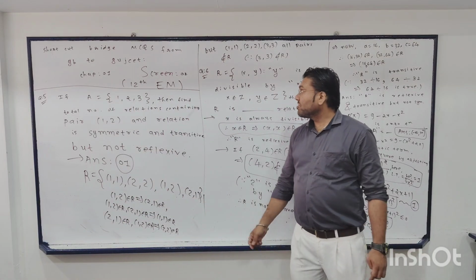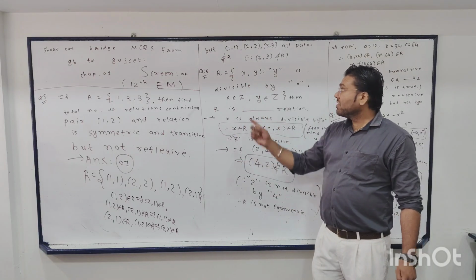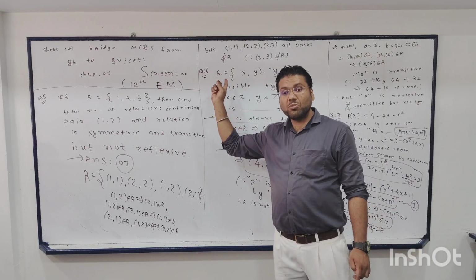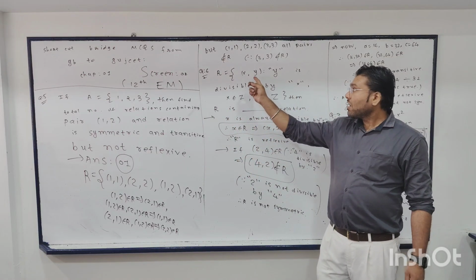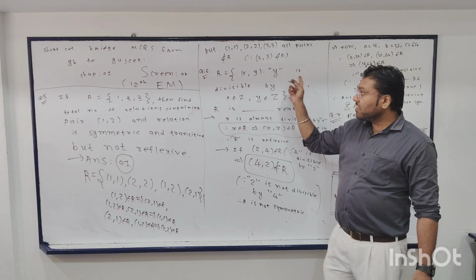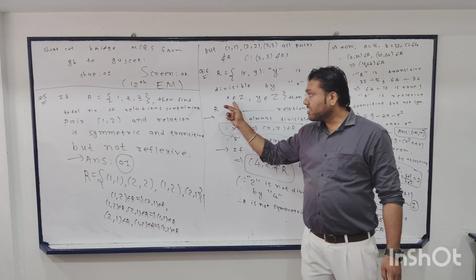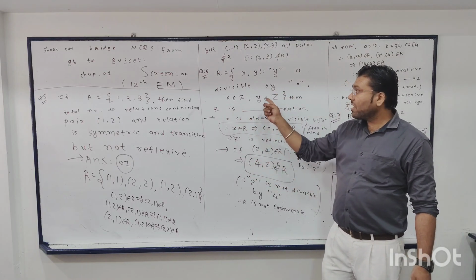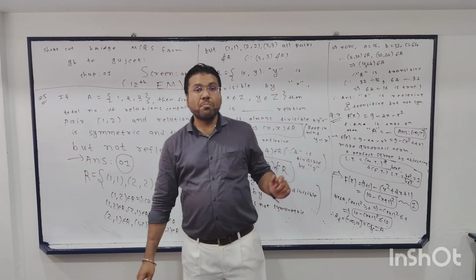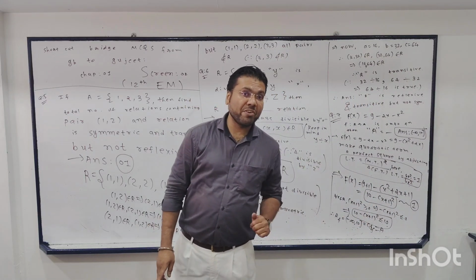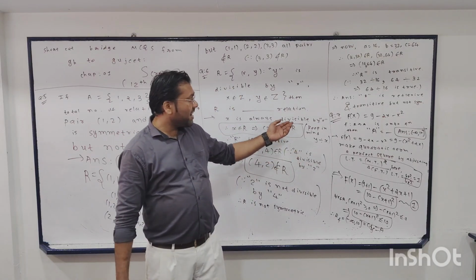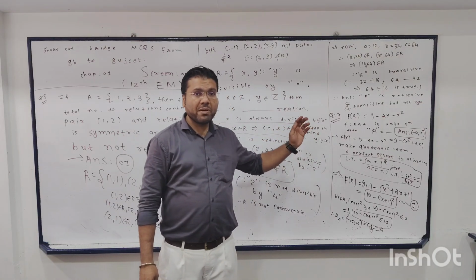Now friends, question number 6. This question was asked in the improvement exam June 2026. R equal to {(x, y)} such that y is divisible by x, where x is an integer and y is an integer. Then what can you say about the relation R, friends? First of all, we can say that x is always divisible by x.